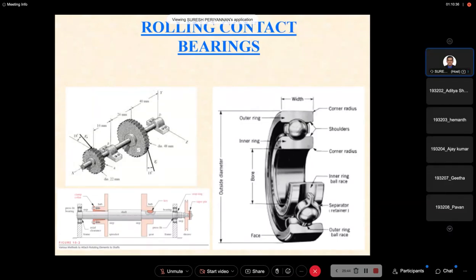That's what I mean: the bearing withstands the load which is acting on the support. See here, this figure defines our entire DTE, design of transmission elements, right? Earlier we discussed shafts, then gears, then couplings, how to couple the gears.